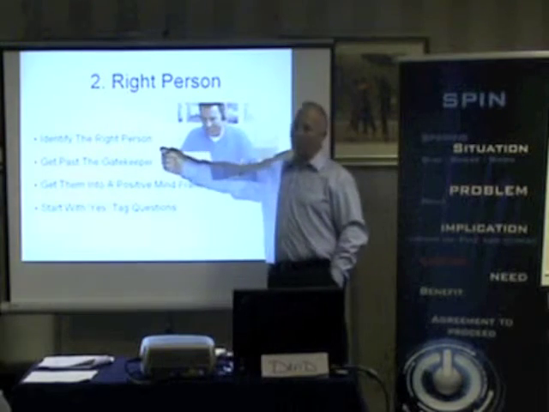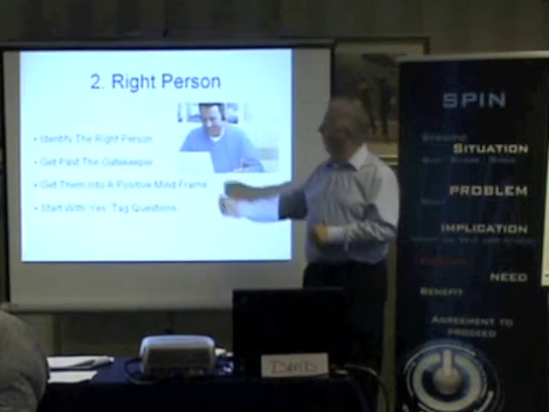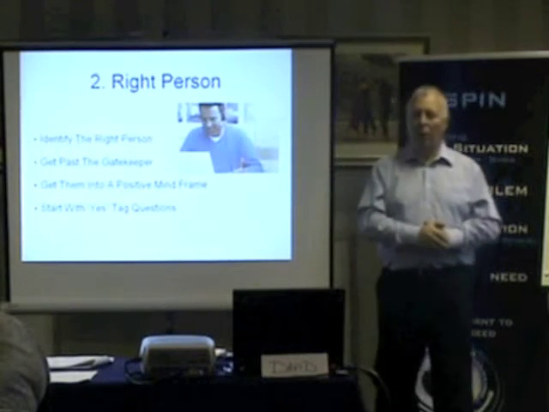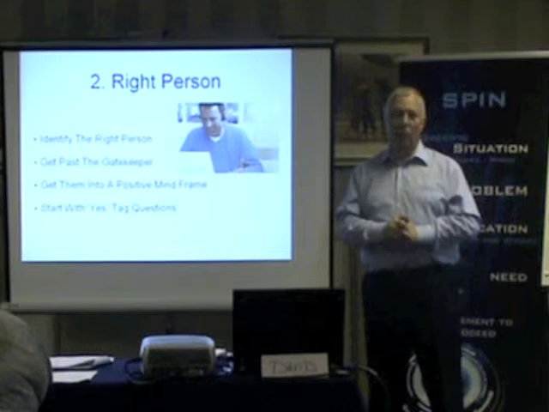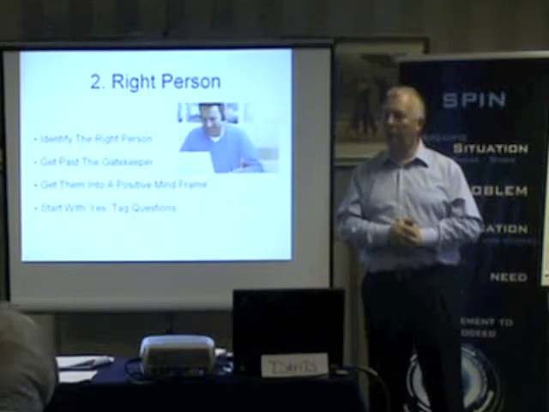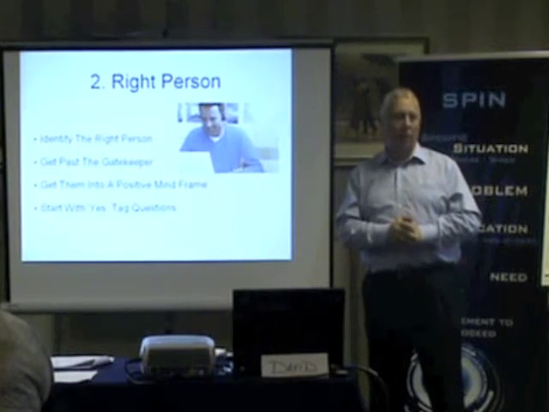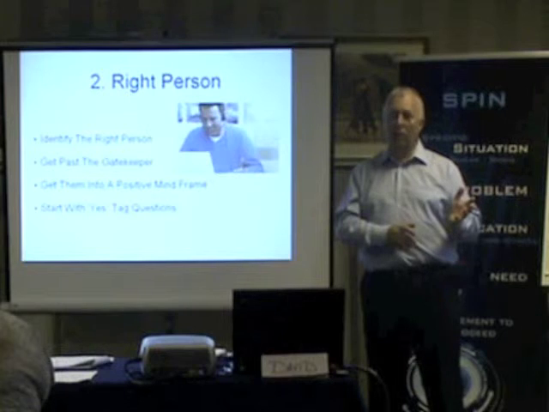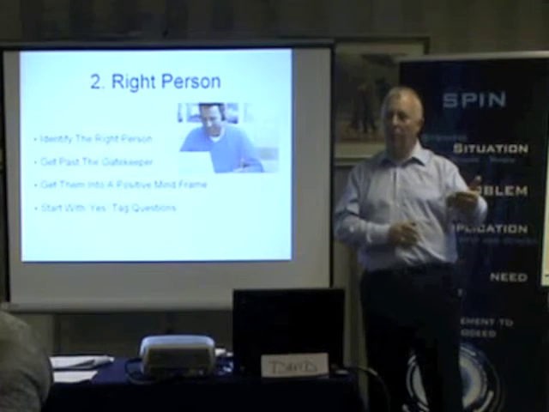Identify the right person. If you said to somebody, I'm phoning you today regarding the information that you requested, and they said to you, oh yes, what does that tell you? They're not an existing hearing aid user, as you can see from your screen.